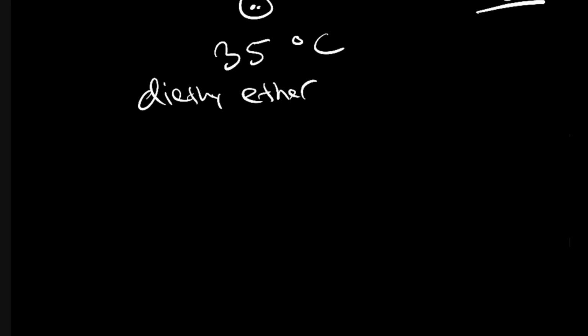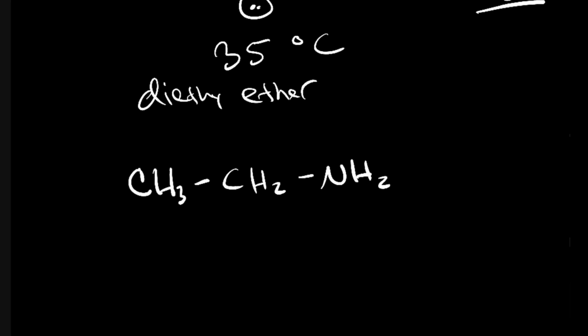So let's say you have ethylamine, CH3CH2NH2. This, of course, has two hydrogen bond donors, and it's got a lone pair. Except the big difference here is that the nitrogen is a bit more attached to its hydrogens, so it's not going to want to donate them out so much.